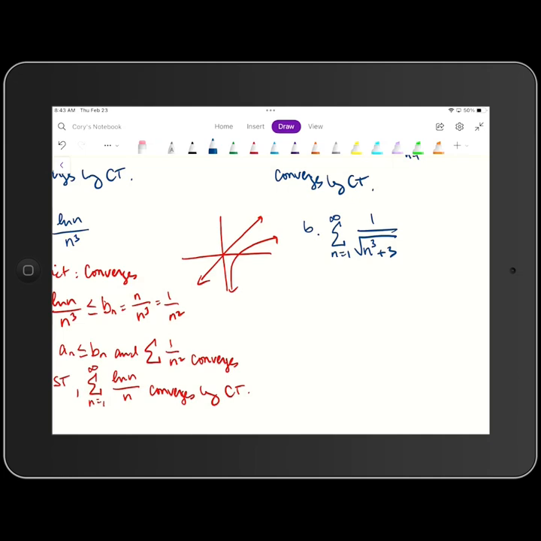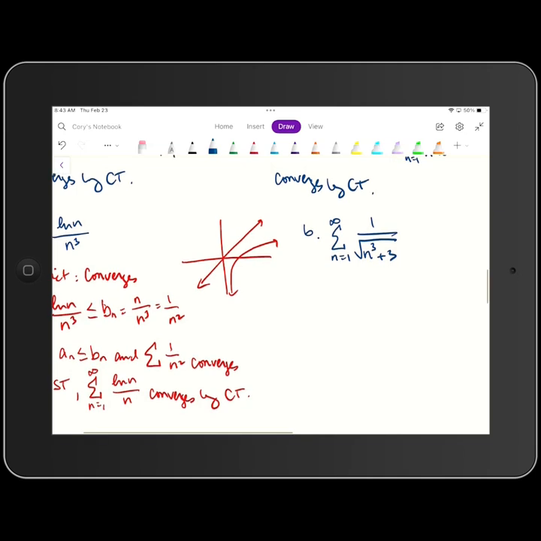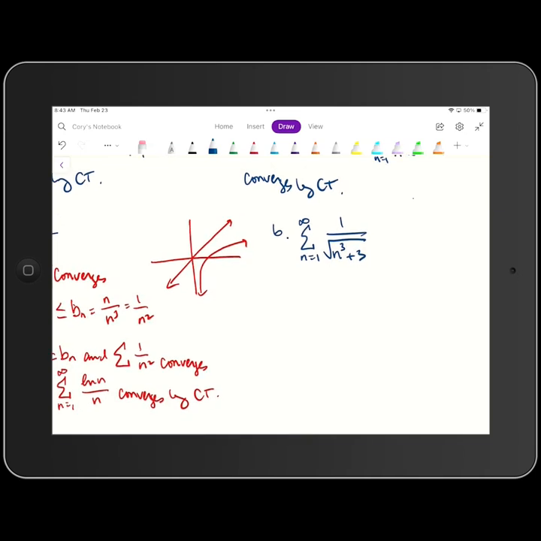So again, this series that we are given most closely resembles the p series, 1 over the square root of n cubed, or n to the 3/2 power. So based on that, my prediction is going to be that this series converges.